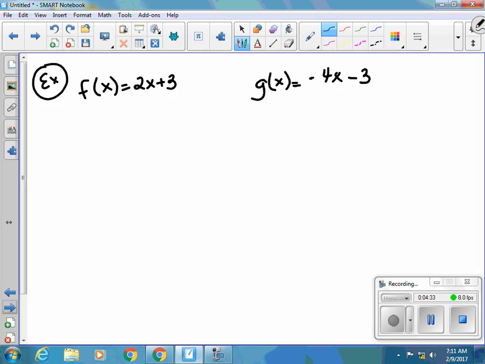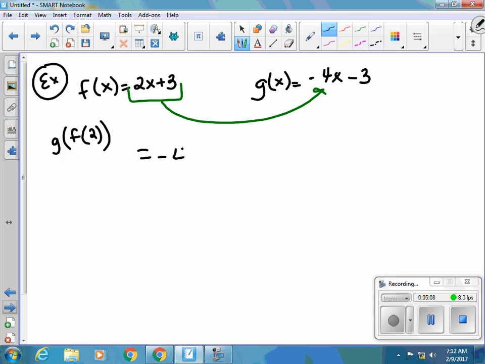So for instance, if I wanted the composition of f of 2 of g, instead of using the x values, you go with the number value. Personally, what I do is I go through the whole thing first as an x, and then I plug in the 2. So looking at this, our f of x gets plugged into g of x.